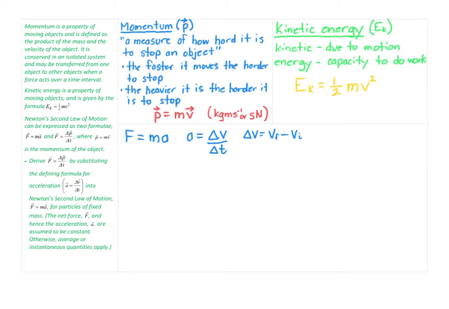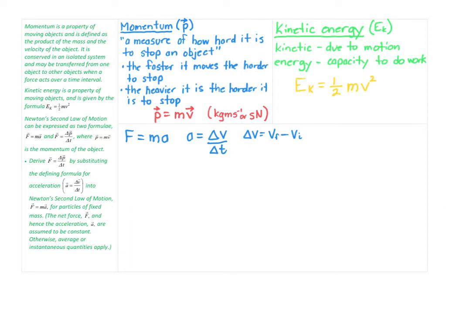Okay, so by way of introduction or recap, momentum is given the symbol P, and we put the little arrow above because it's a vector quantity. Direction is important. And if you haven't heard this before, a good way to think of momentum is it's a measure of how hard it is to stop an object.